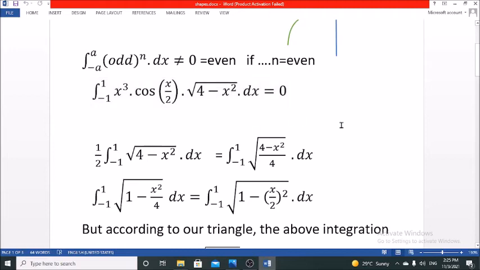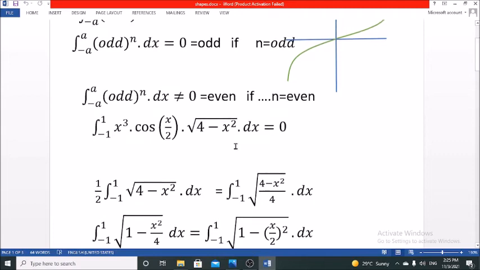This would yield 0. Why? The x cubed is an odd function raised to an odd power, so this is an odd function. The quantity under the root here, in our case, is even, so long as we don't exceed -2, because where x is -2, x squared is 4.